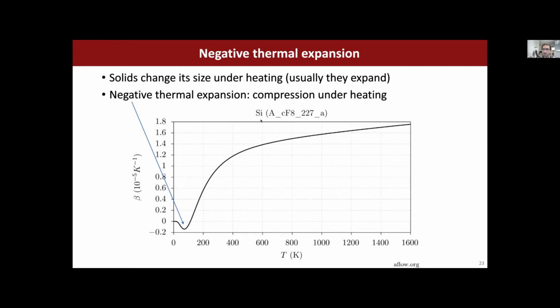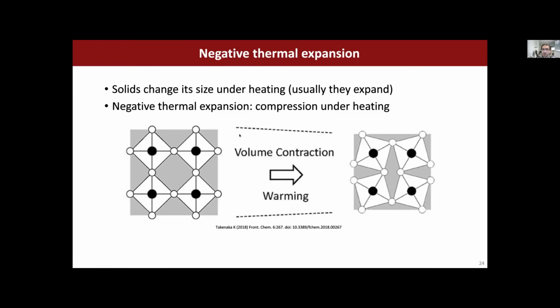This is the case, for example, for silicon in a diamond structure. For temperatures between 0 and approximately 100 K, you actually get a negative thermal expansion, as you see on the plot. And I will tell you what is actually happening.